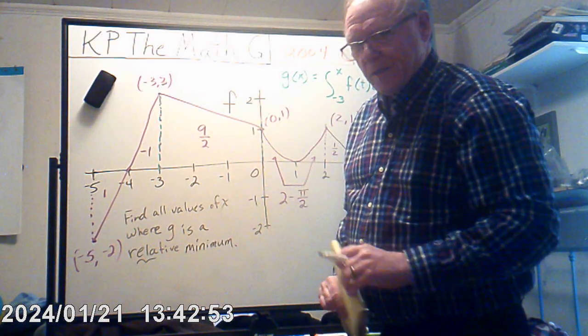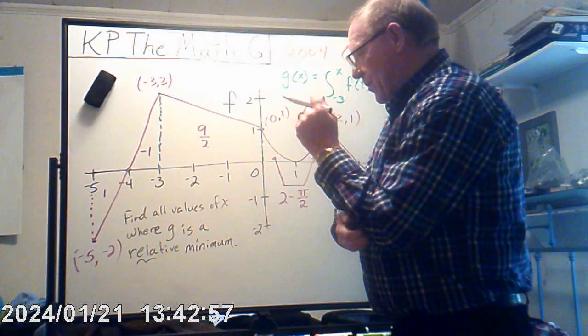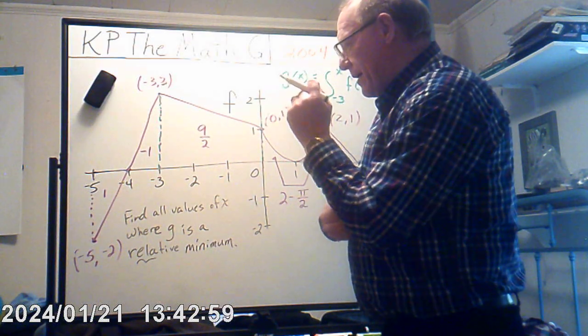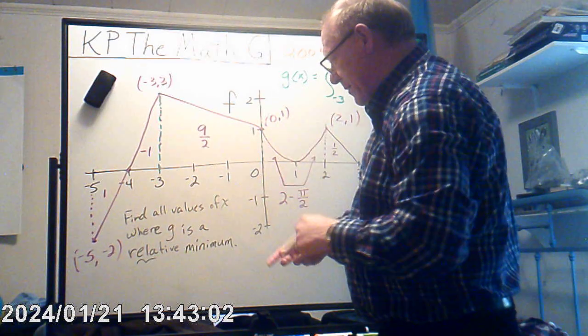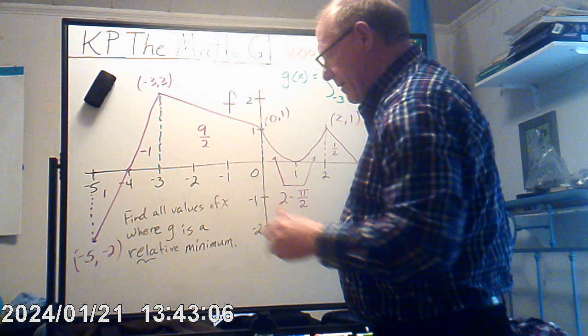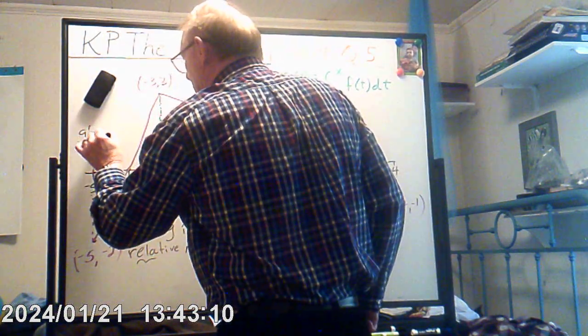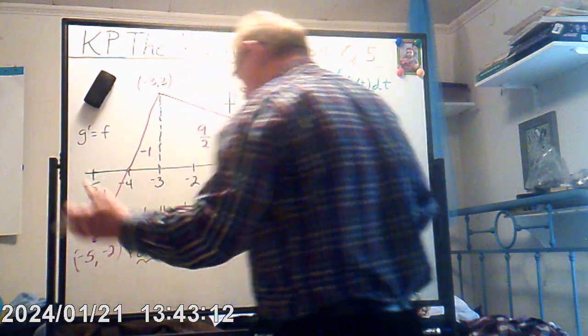You still look at this graph here. If you're looking for a minimum, you still got to take the derivative of g. So you got to show that again. G prime is equal to F. That's what we got here.